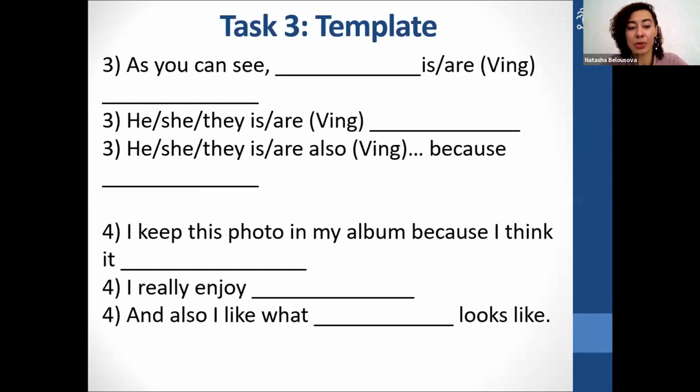Going back to number 4. I keep this photo in my album because I think it's a beautiful picture. If you didn't say it in the introduction, you don't want to repeat yourself, because it makes me feel really good. I really enjoy showing it to my friends and my family who come to see me.